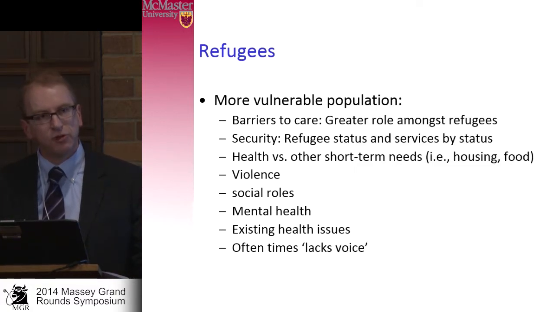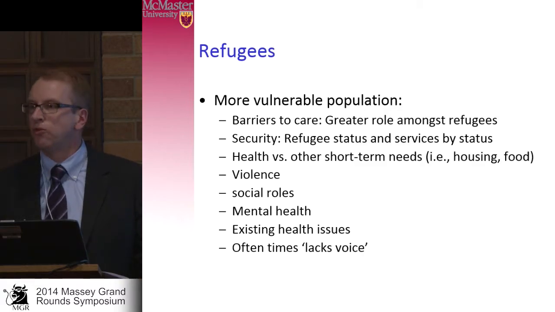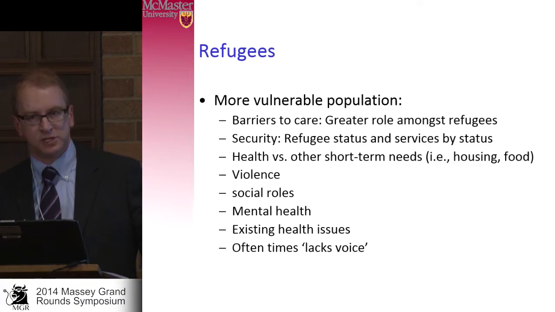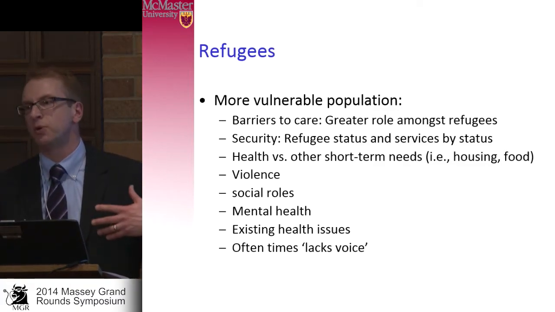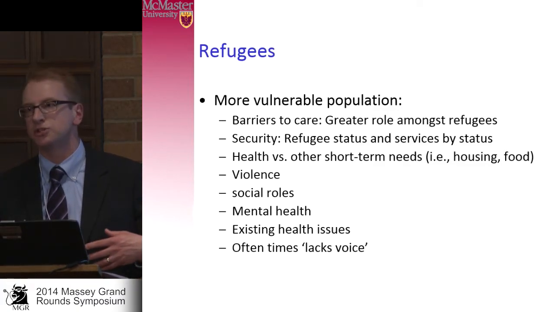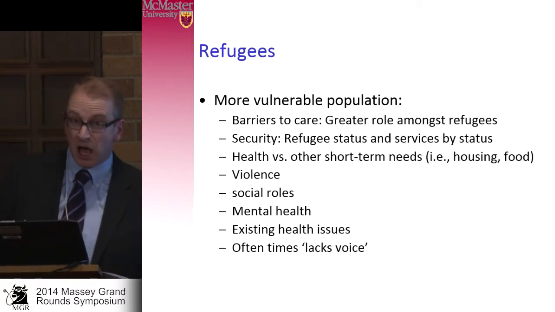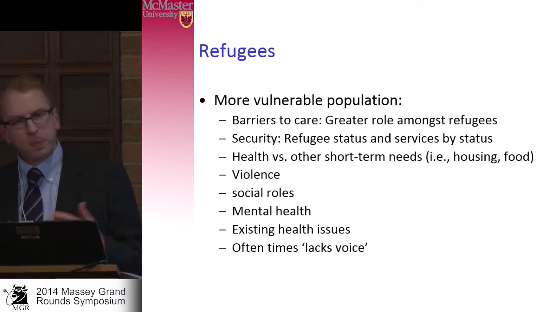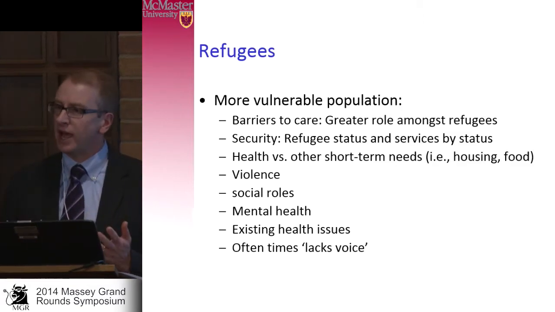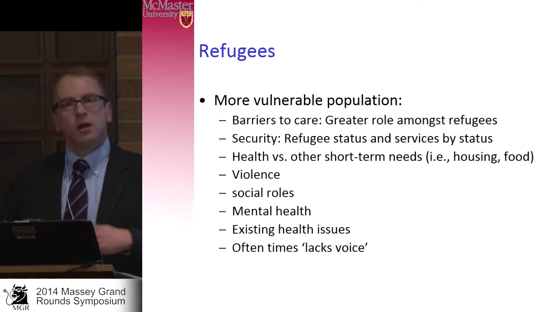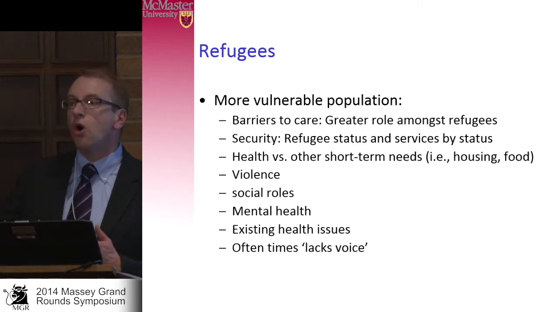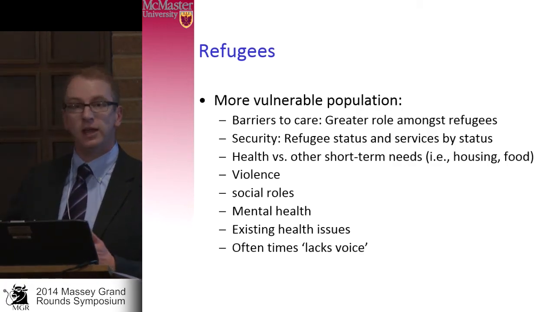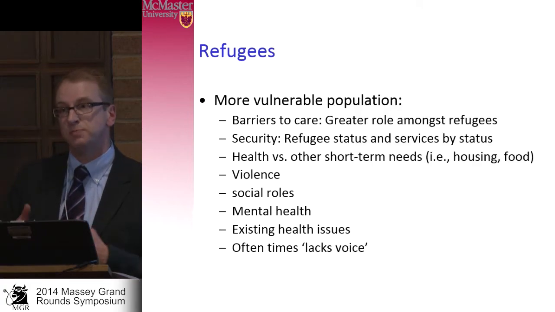So convention refugees are eligible for a series of programs: English as a second language programs, access to community care services, some limited health insurance. But for a refugee asylee, a claimant, things are much more tenuous. They don't know if they're going to be here in Canada for any extended period of time because their case is being heard.